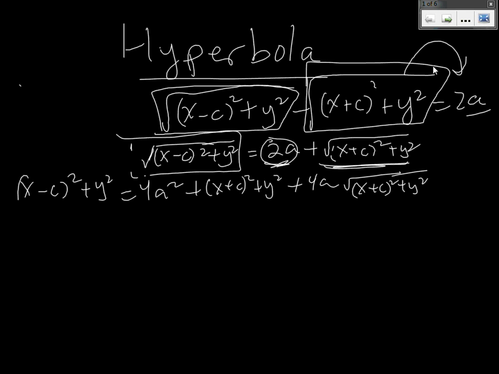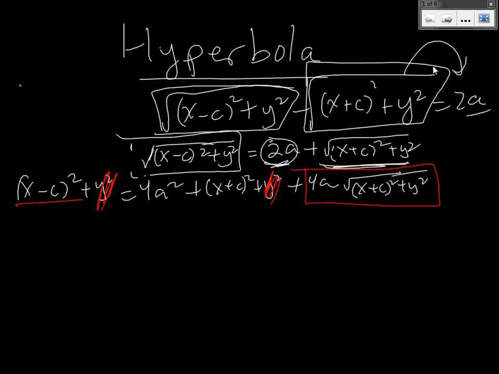Alright, the first thing I see here is that I can take away y squared from both sides of the equal sign. The next thing I see is I have just one term that has the square root sign, and it's on the right side. I'm going to keep it on the right side and bring everything to the left side.